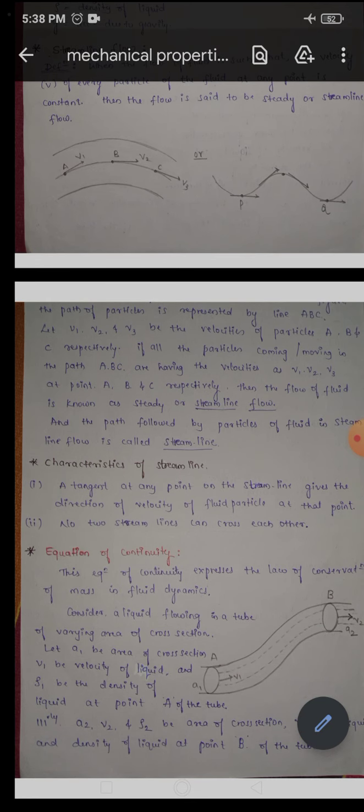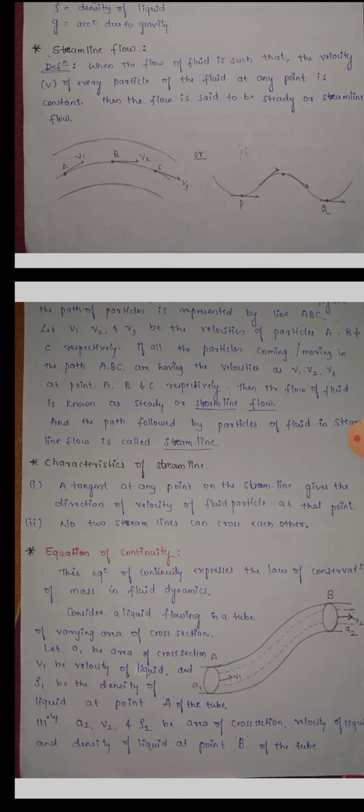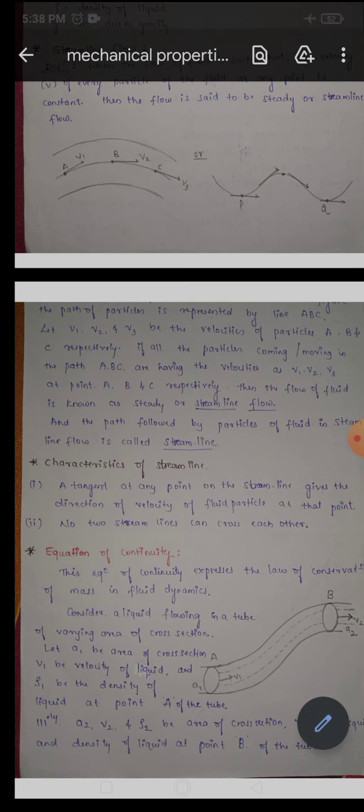That means when we draw a tangent at some points, a tangent is a straight line which touches the curve at only one point.